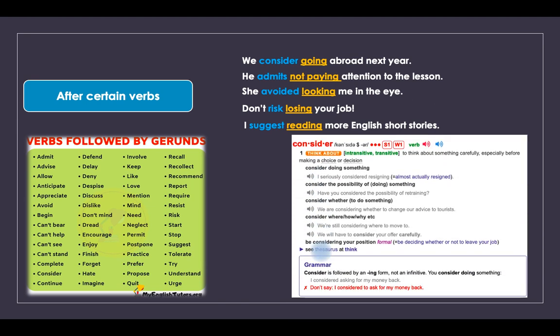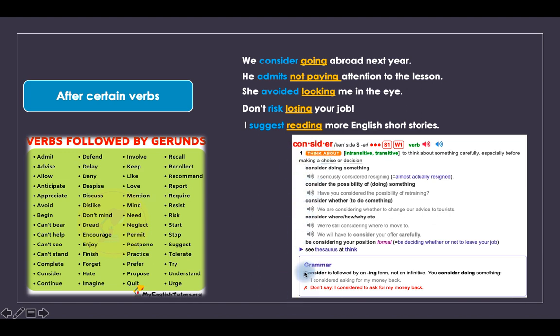Also, in every good English dictionary, you can find the information about the verb, whether it is followed by a gerund or an infinitive. Like in this dictionary, that's from the Longman dictionary online.